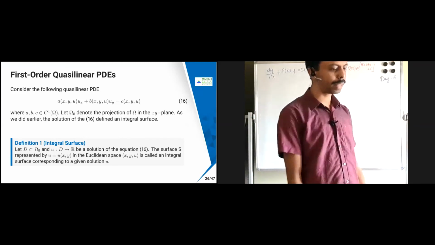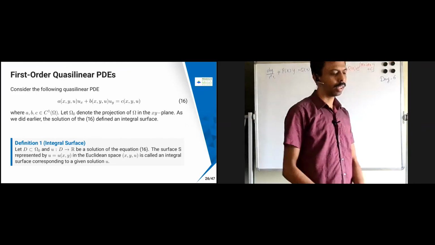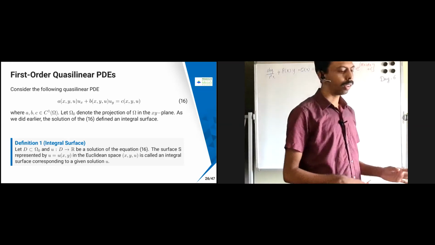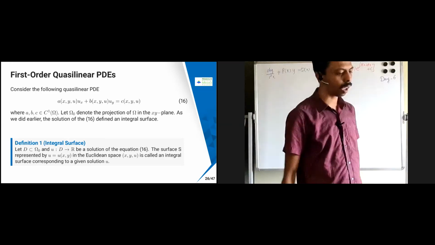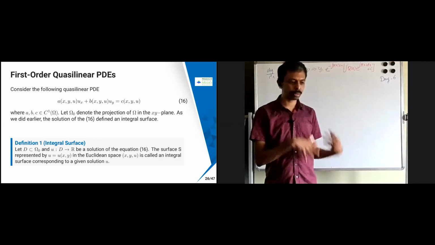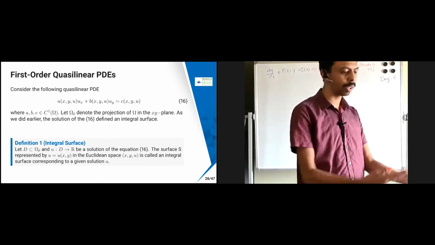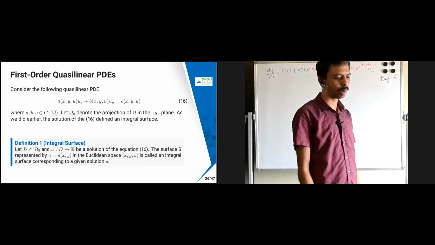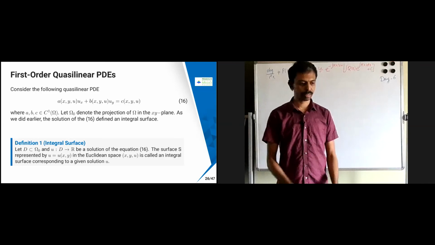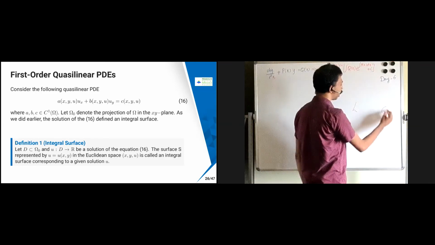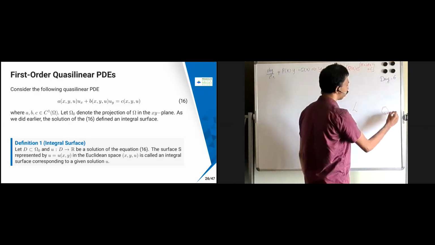We can simply jump into quasi-linear PDEs. In fact, some of the books don't solve the linear PDE separately; they simply jump into the quasi-linear PDE. Almost the same setup is going to work for the linear case also.